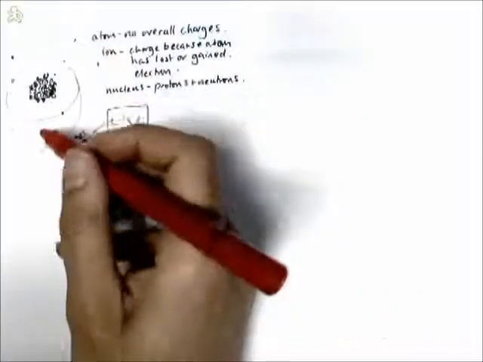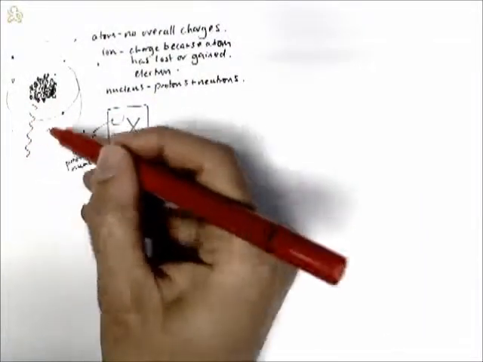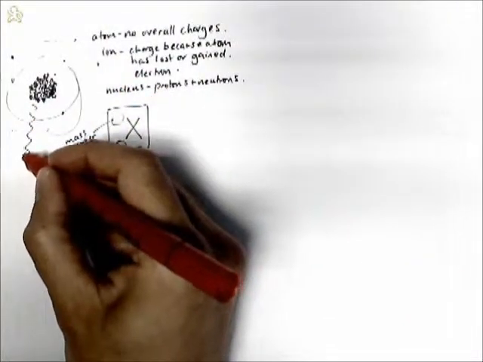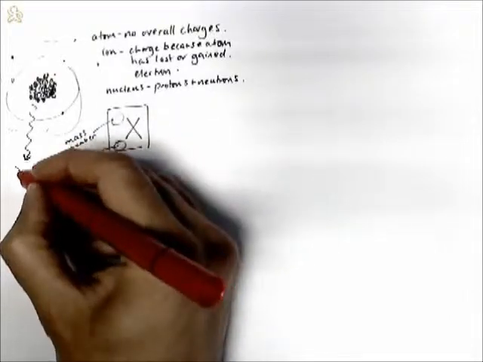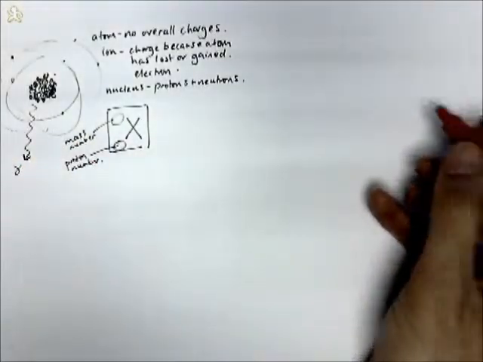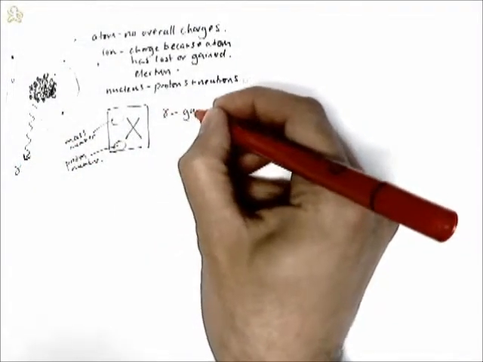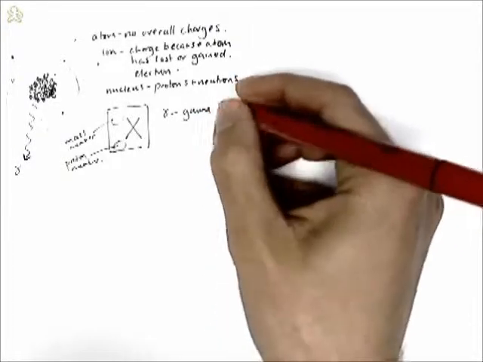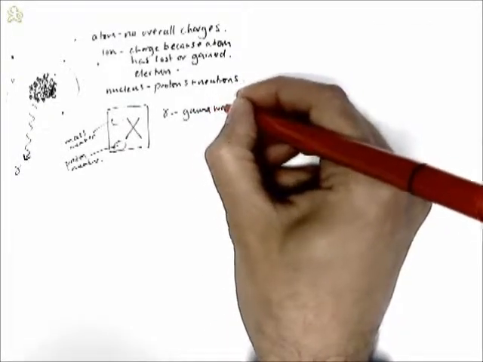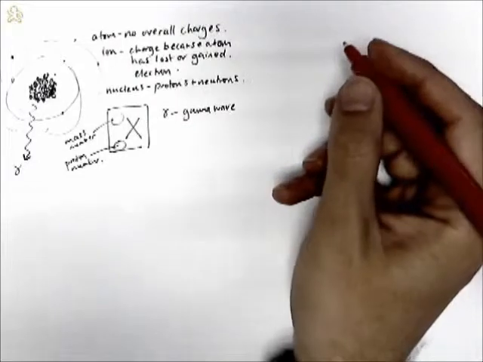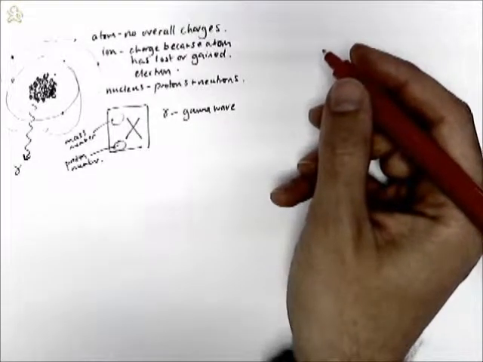So there's a few different things that can happen to help it do that. I'm going to start with the first thing, which is just a little bit of energy can come out. So energy can come out of the nucleus in the form of a gamma wave, and gamma is a high frequency electromagnetic wave. So it travels at the speed of light. It's got no mass, it's got no charge.